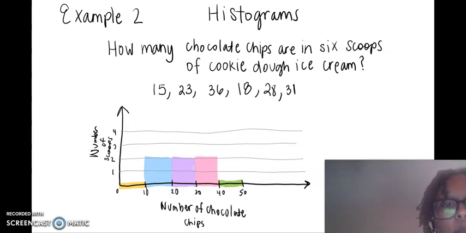If we count up the heights of our bins, representing our numbers of scoops, we will see that we have 0 between 0 and 10, 2 between 10 and 20, 2 between 20 and 30, 2 between 30 and 40, and 0 between 40 and 50. If we add up 0 plus 2 plus 2 plus 2 plus 0, we get 6, which represents our 6 scoops of ice cream, and we can see that our histogram represents our entire data set.